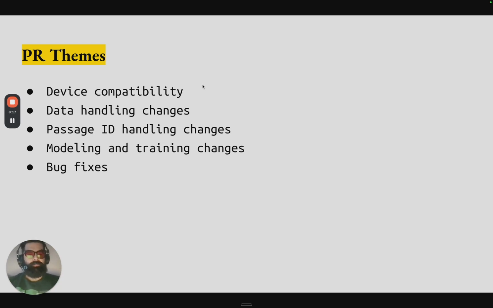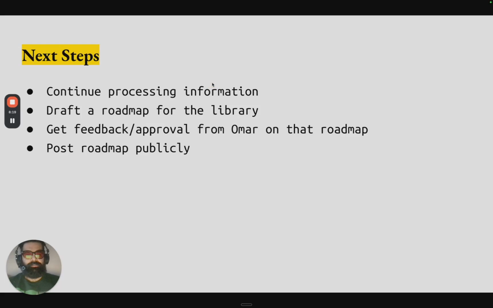With this initial review completed, my next actions are as follows. I want to continue processing this information around community needs stated in the issues and PRs, and there's a lot of information in there, and I won't be able to grasp all the nuance, but that'll happen over time as I get more experience with what everyone's experience is and getting insights into how the code functions for these different use cases.